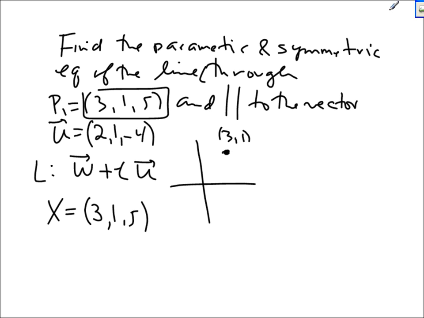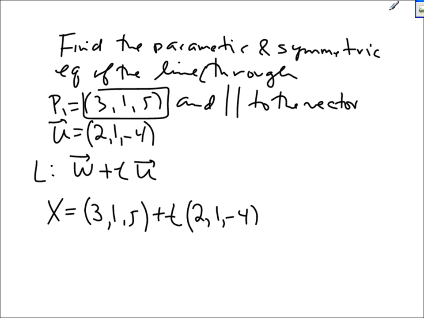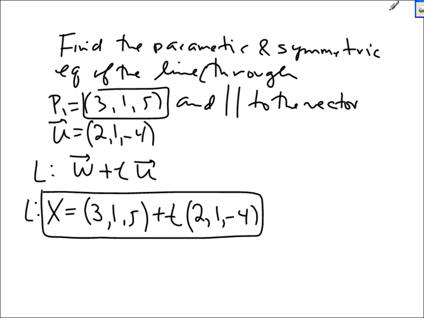That's the point (3, 1). It's just a point. But that is the vector (3, 1). So they're not exactly the same, but unfortunately they're written the same. Sorry about that, but it is not my fault. Plus t times (2, 1, -4). This here is the equation of line L.